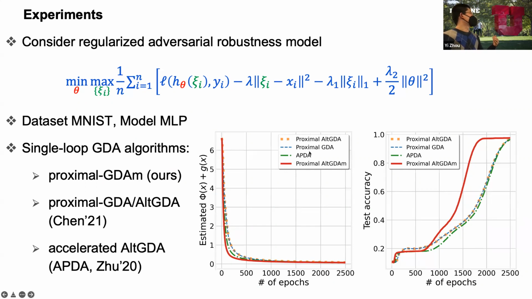Some of them do not have momentum acceleration, and the algorithm may look a little bit different in general. But in general, we can see that with momentum acceleration, our algorithm converges the fastest. For this figure, the Y label is the training loss, and for the right figure, the Y label corresponds to the test accuracy.